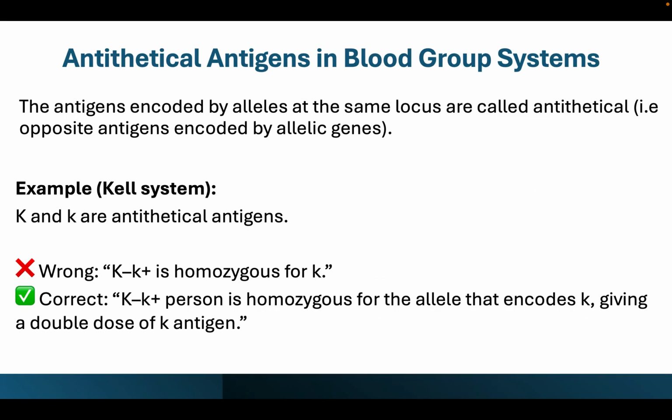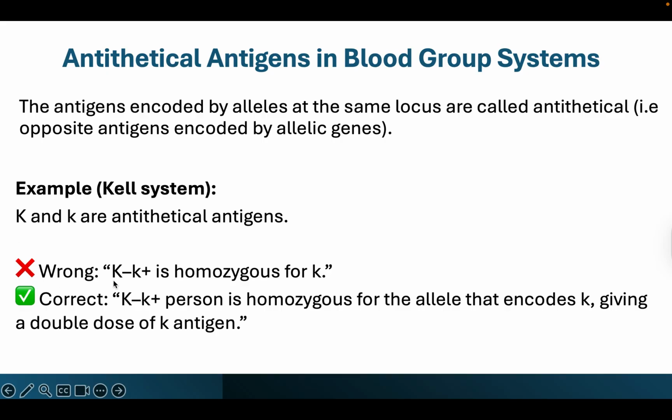So the antigens encoded by the alleles at the same locus are called antithetical, opposite antigens encoded by allelic genes. For example, in the previous slide we have the MNS system, M and N, which are located in the same locus, so they are antithetical antigens. The same for the KEL system, we have the big K and the small k, which are antithetical antigens.